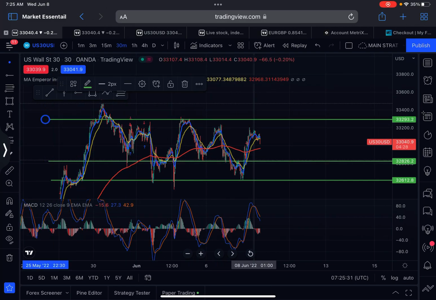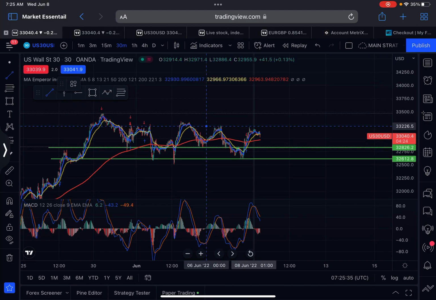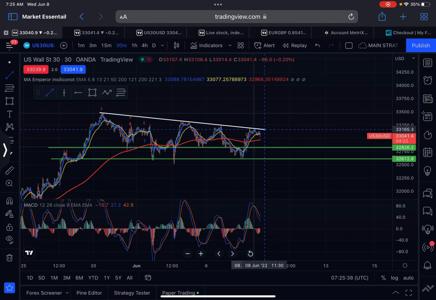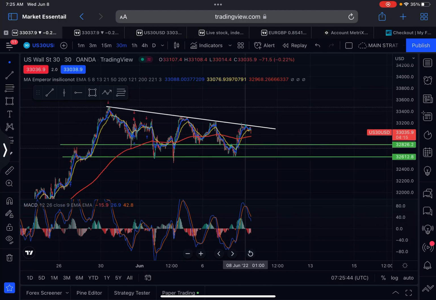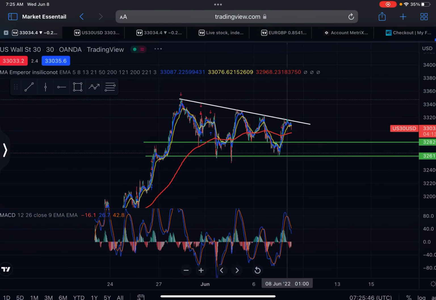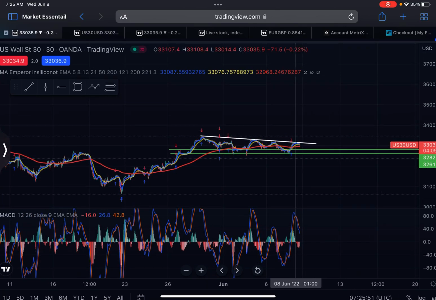Like right here, we actually got a triangle kind of forming a little bit. Kind of like we're trading in a channel, but at the same time the channel's acting like a triangle.